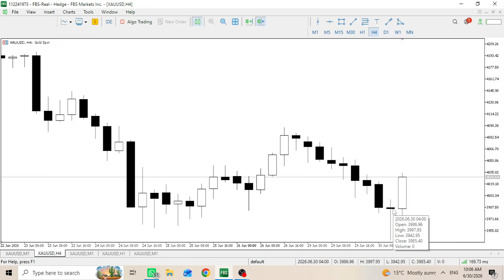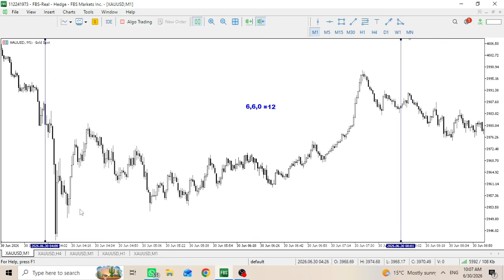You see this candle at 4 a.m. This candle high and low is basically this low and this high.